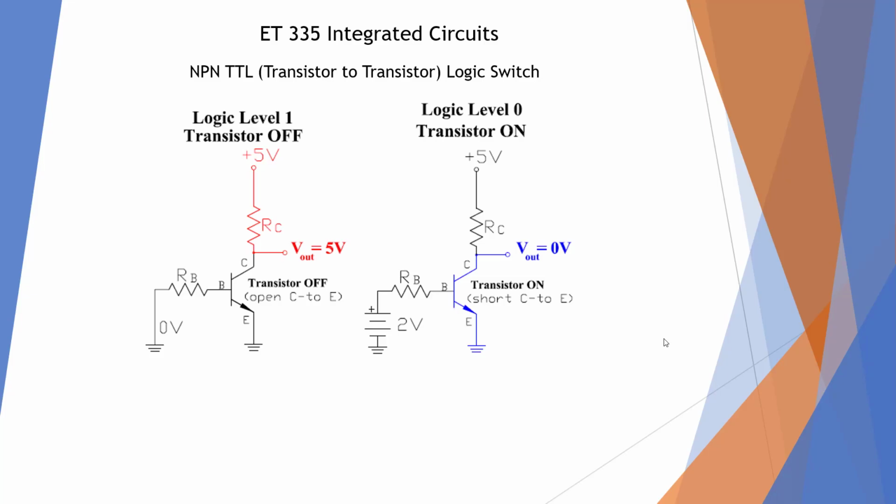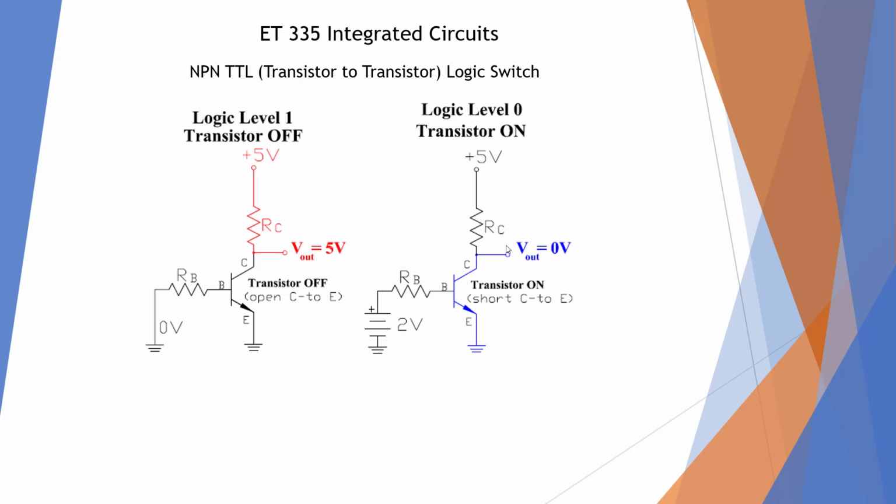In transistor-to-transistor logic, basically there are transistors in there. This is an oversimplified diagram, but we're using transistors as switches. So if our transistor is off, we have a direct connection to 5 volts, logic level 1.